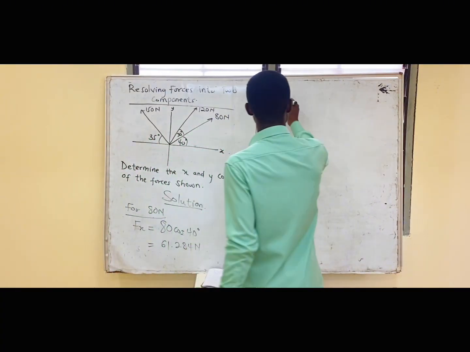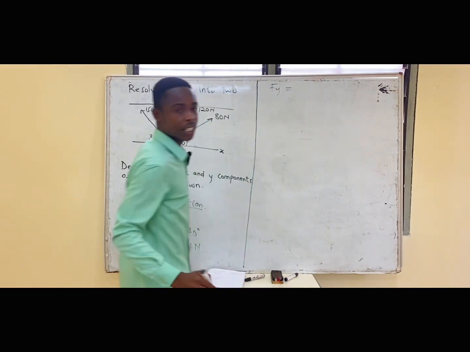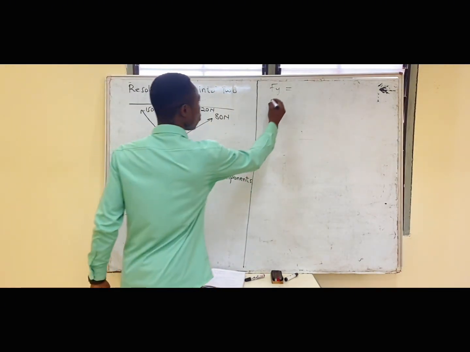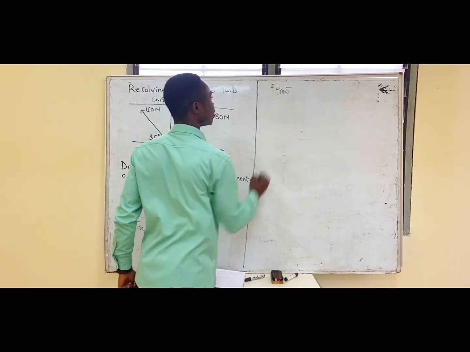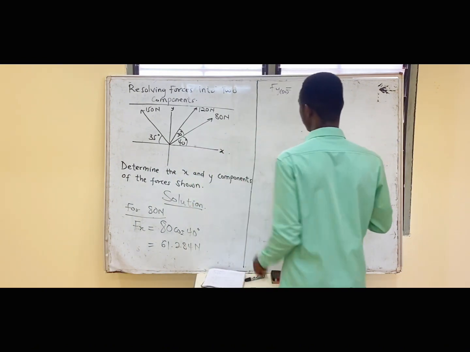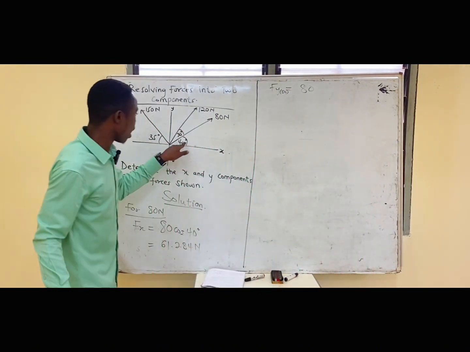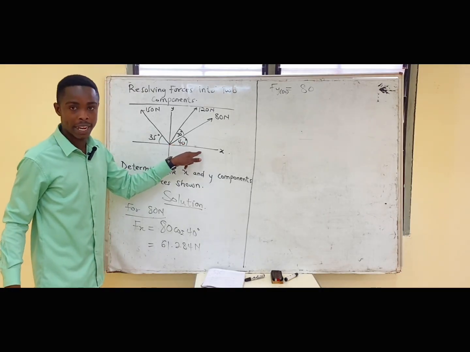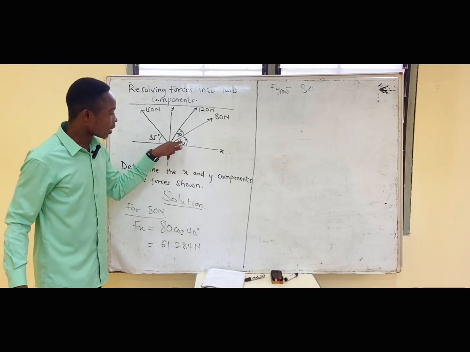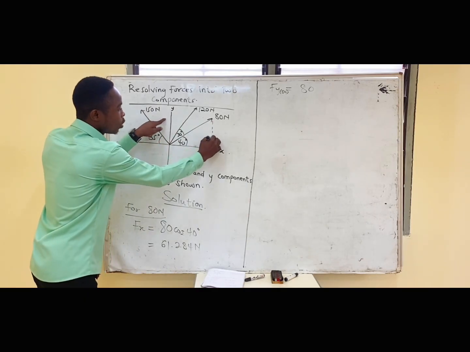Let's quickly move on to the Y component, which is Fy for the 80 Newton force. Or you can put small 80 here to indicate that it is for the 80 Newton force. Now, with the Y component, we have 80. Since the angle here we are using, 40, is adjacent to the x, it means that this angle will be opposite to the y. Since this is the y, the angle will be opposite to the y-axis.